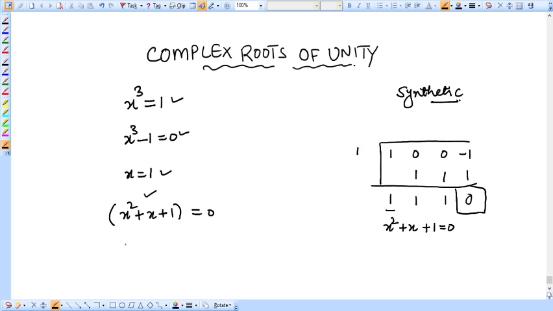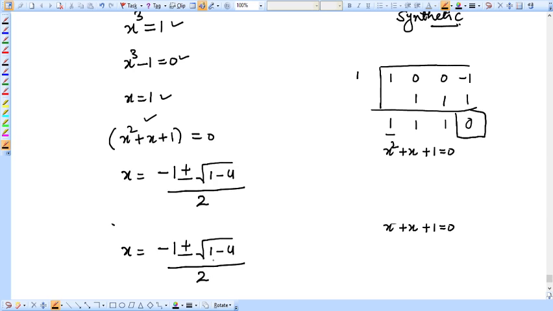Now you see, this is a quadratic equation. So the root of this equation is minus b, which is 1 here, plus minus root of b square, 1, minus 4ac, where a and c are 1 and 1, divided by 2a, that is 2 times 1.